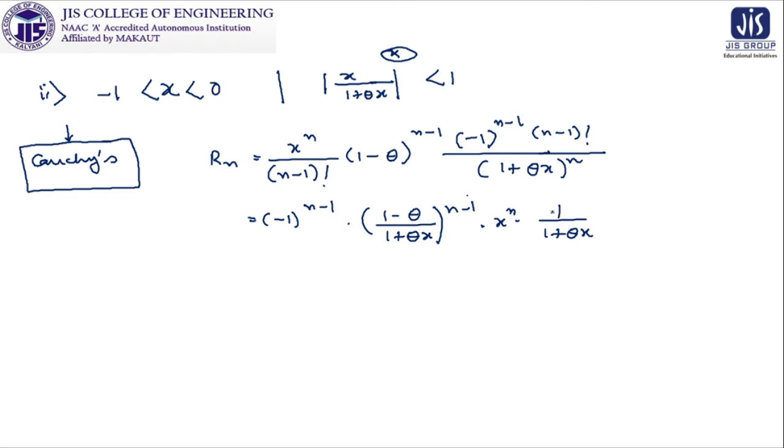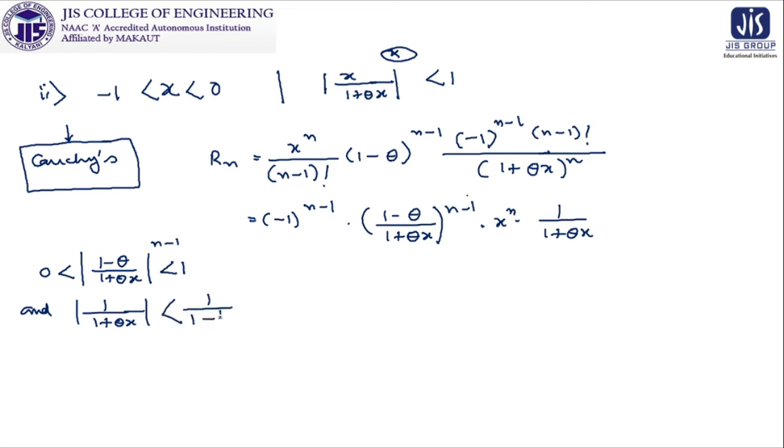Now what we see here, we will get that 0 less than mod of (1 minus theta) by (1 plus theta x) less than 1. So obviously if we raise them to the power of n minus 1, it will remain as it was, as well as mod of 1 by (1 plus theta x) is less than 1 by (1 minus mod x).